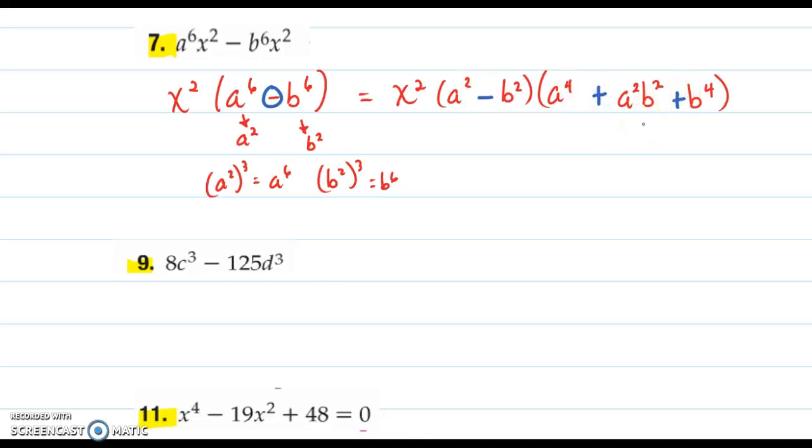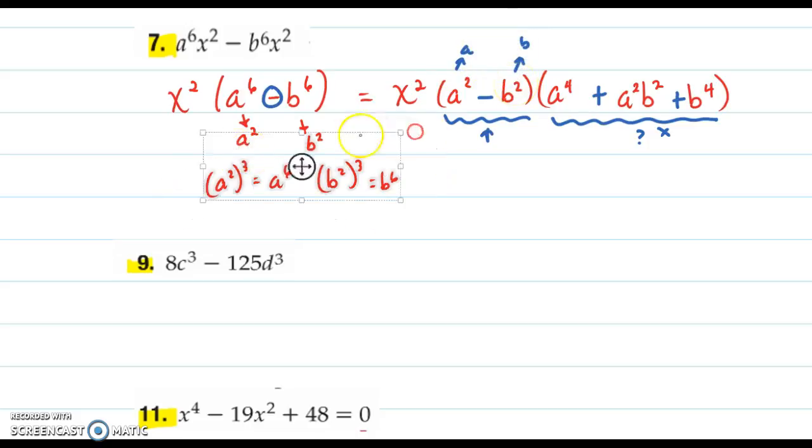Okay. And now we have to be really good detectives and look at the 2 factors we created, right? I have to look at this and ask myself, can I factor it? And I look at this, can I factor it? Remember, we've said this will almost never factor. I think it's safe to say it will not. But this is a difference of squares. If you recognize that's a perfect square, the square root is a. That's a perfect square, the square root is b.